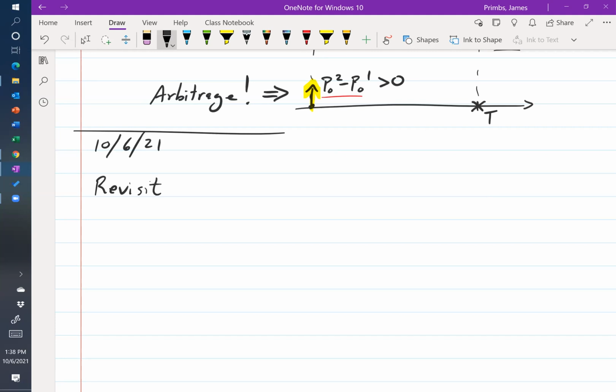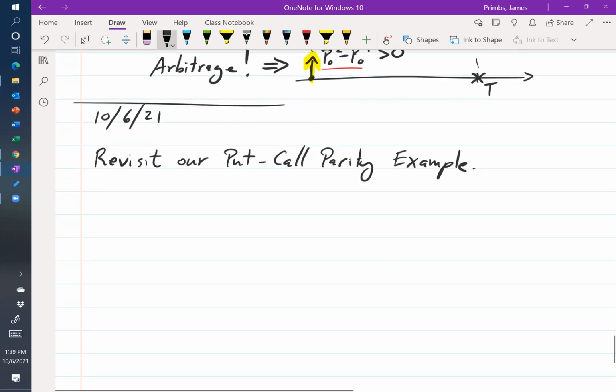So let's revisit a put call parity example that we did before. Okay, and let me just remind you from that example, reminder, we had that by put call parity, I'm just going to call it PC parity.